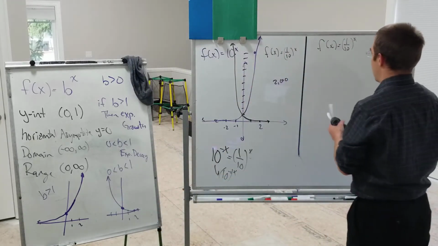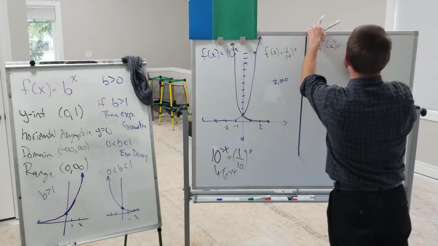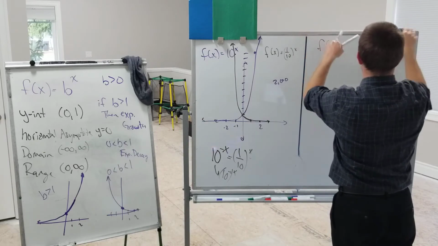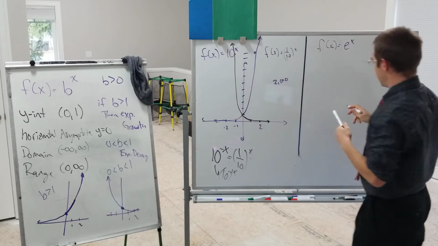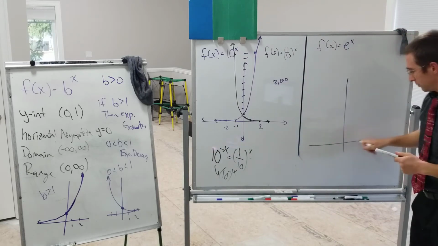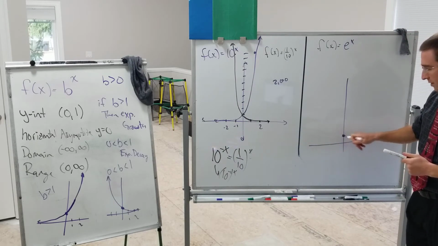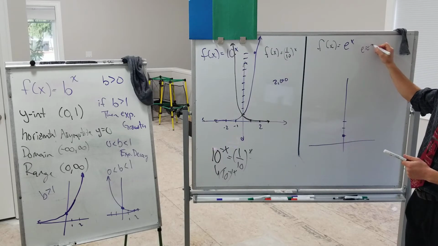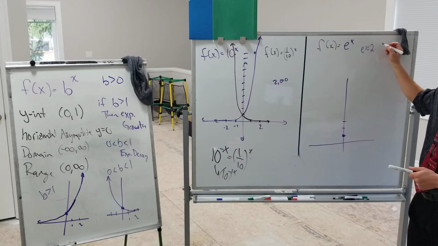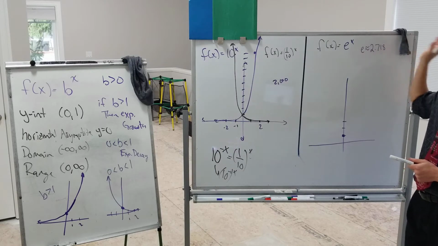Now, if we look at e to the x, f of x equals e to the x, right? We get 0, 1 still. And then the number e is about 2.718. It continues on.